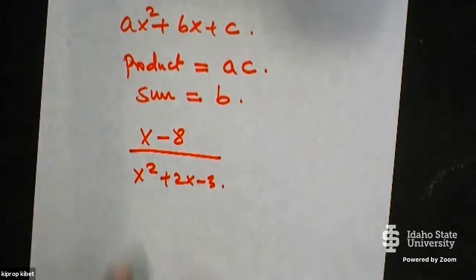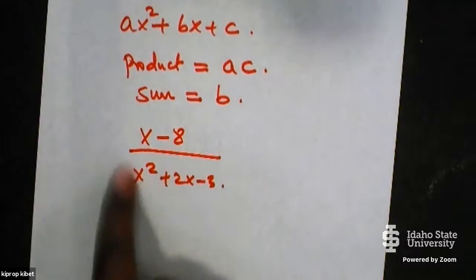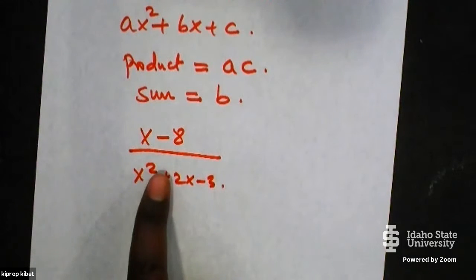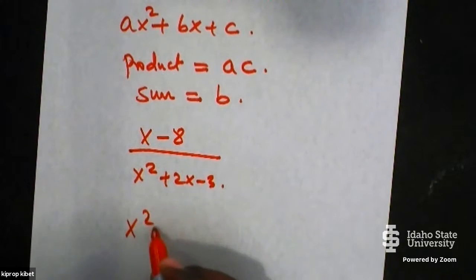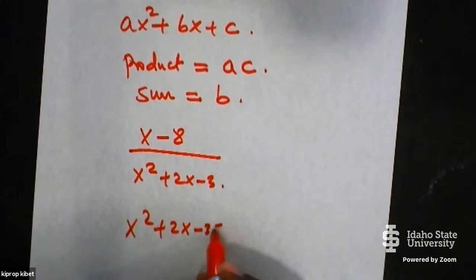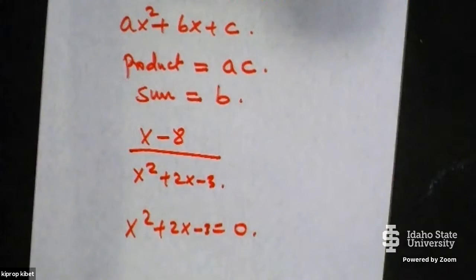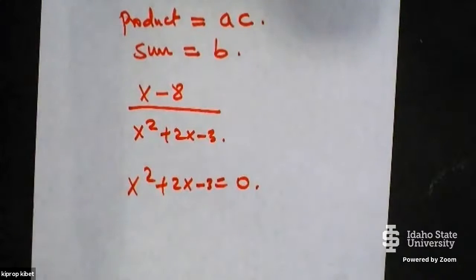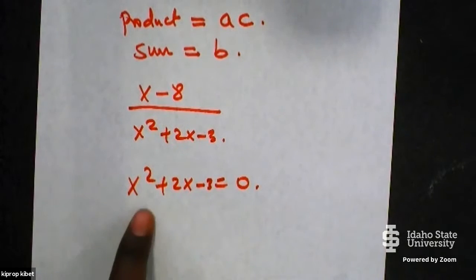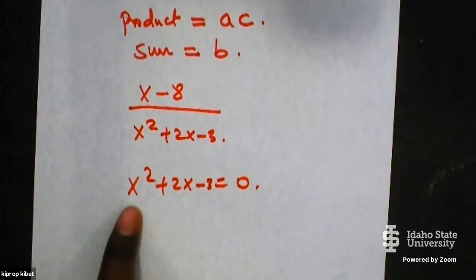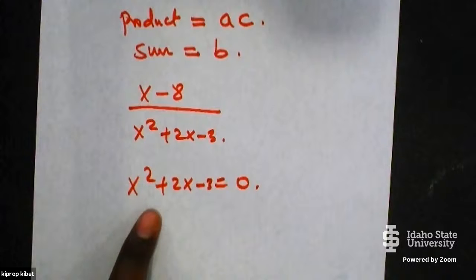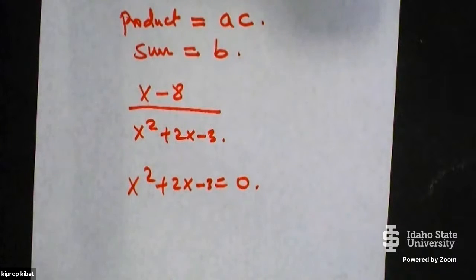So what are the values that can make this expression restricted? That means we equate the denominator to 0, and then we look for the values of x. Those values of x will give us the values which restrict our rational expression.